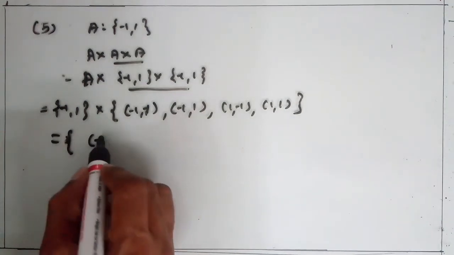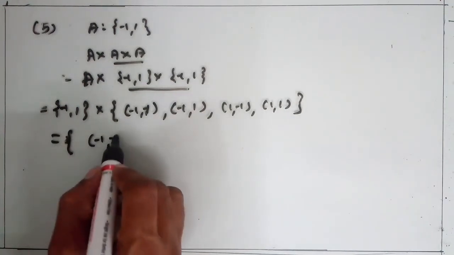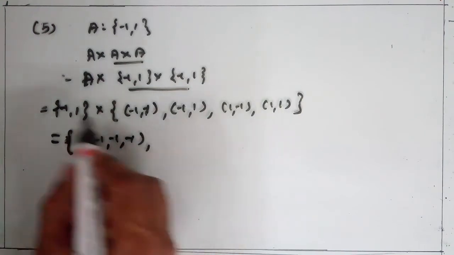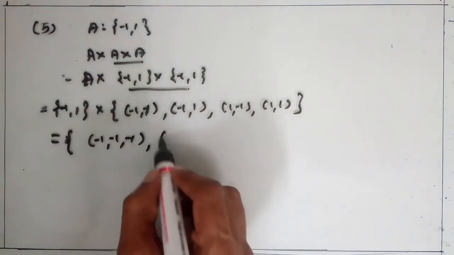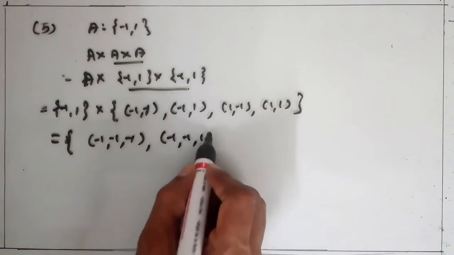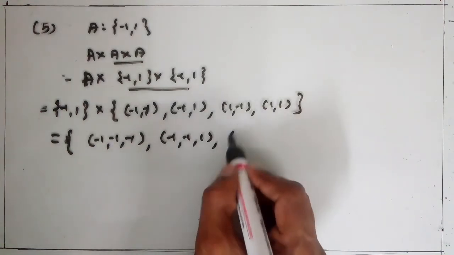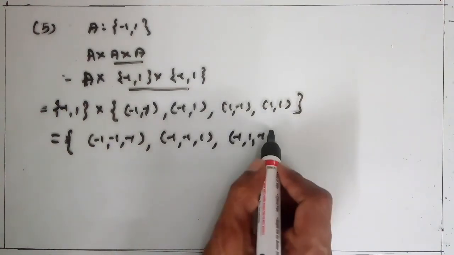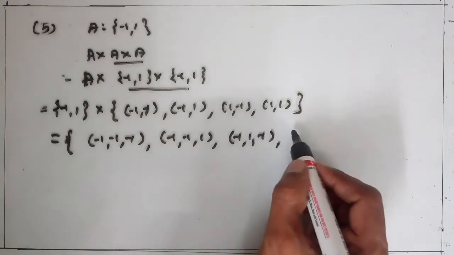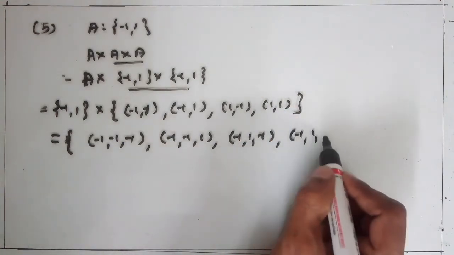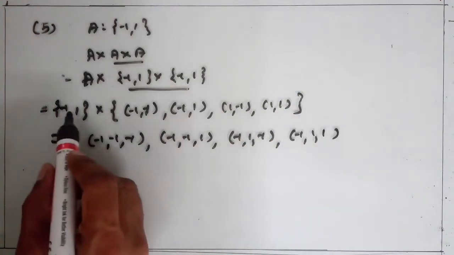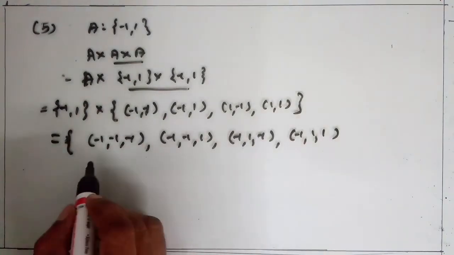Now get the cross product of this -1 with this. Here we get (-1, -1, -1), (-1, -1, 1). Now with this, (-1, 1, -1). Now with the last, (-1, 1, 1). Clear? Now with 1, write each and each.